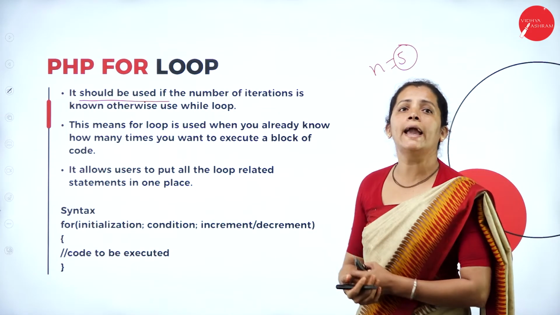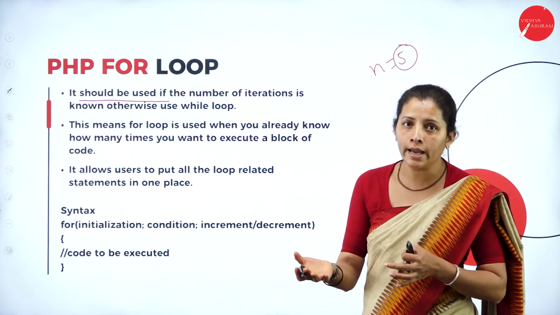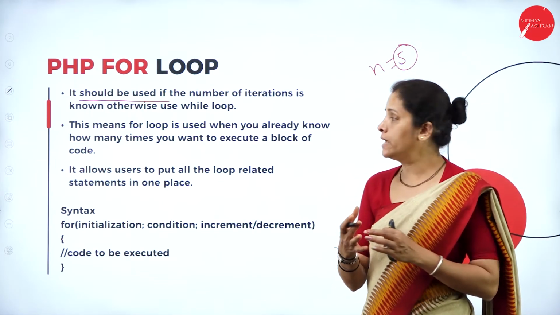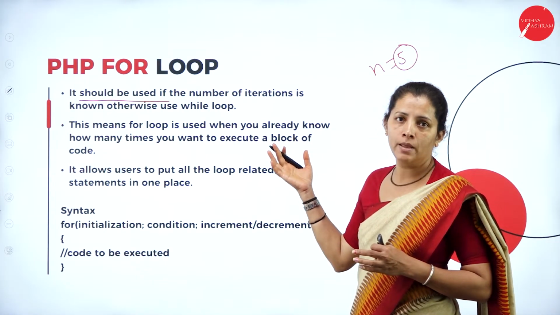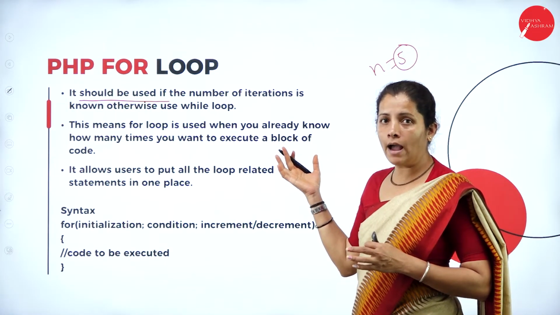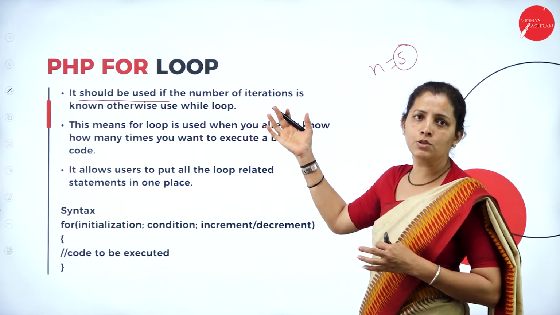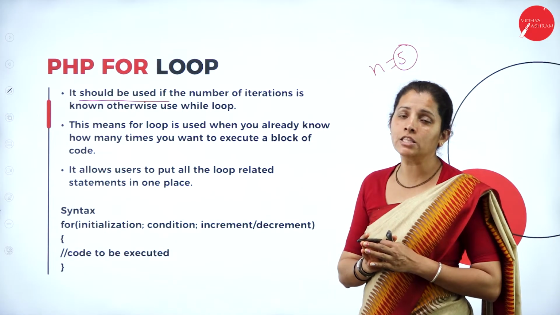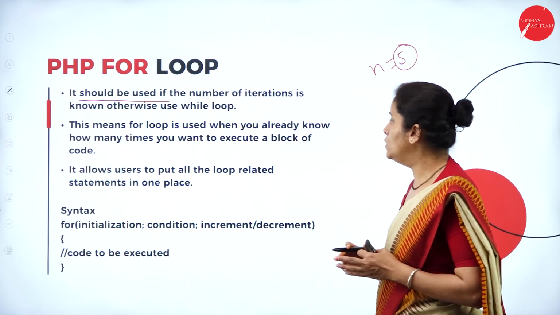If I don't know the n value, first time I'll give n equal to 2, next time n equal to 10, next time n equal to 5, so each time the n value changes, in that situation I'll go with the while loop. If I know my n value exactly, then I'll go with the for loop. In the sense, when I know in advance how many times I want to execute the statement, then I'll go with the for loop.